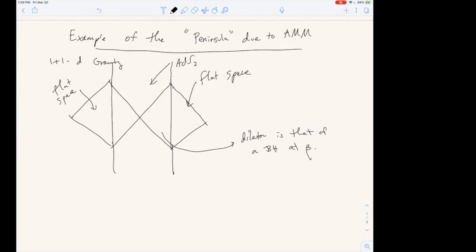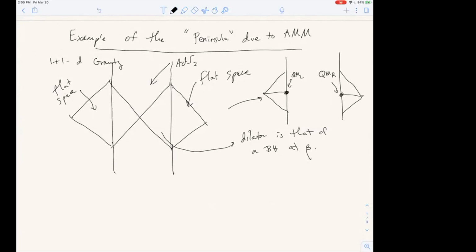Okay. Now, the way to think about this is that it's dual to two quantum mechanics models coupled to baths. Here's the left quantum mechanics model. Here's the right quantum mechanics model. So this is QM left, QM right.